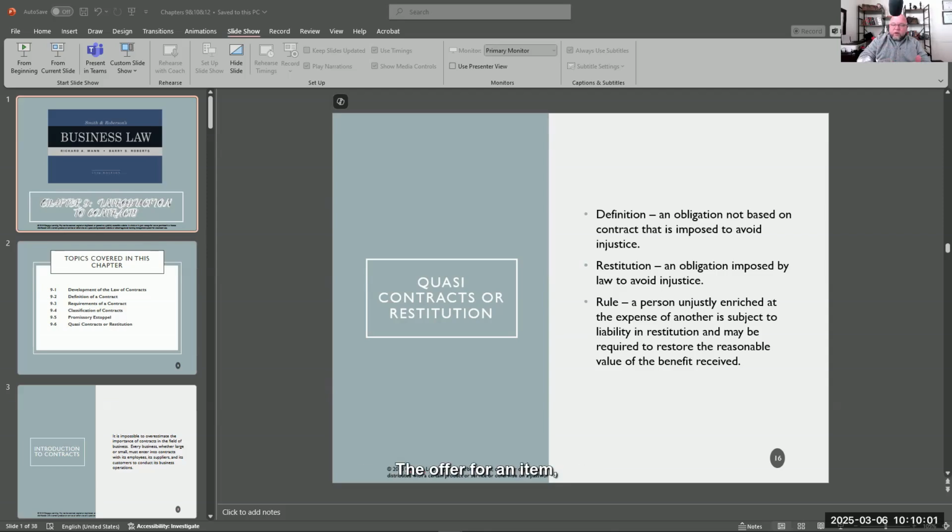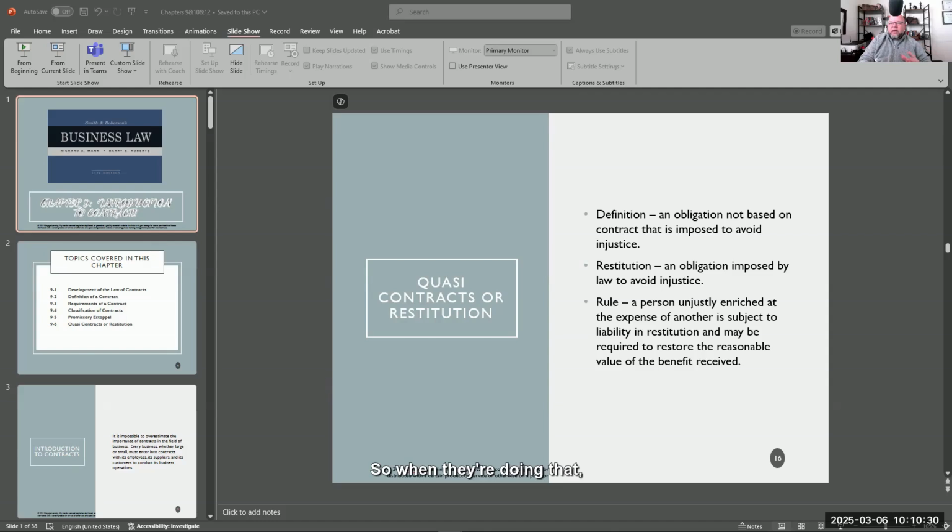The offer for an item, then the acceptance of that offer, then the consideration. The consideration, that exchange of a legal benefit that you have, something you legally have possession of that you're going to give to someone else. If you give that over and they haven't given their part, then the courts step in and say, we want to make this party whole. You're either going to give them their money back or you're going to perform what was stated that you have to do.